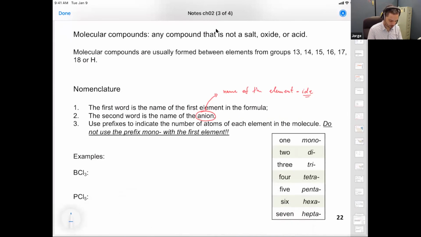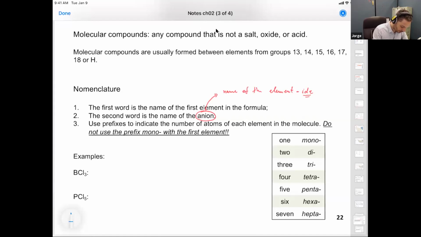Okay, so let's tackle the two examples that I'm showing here. So let's start first with BCl3. BCl3 is not a salt, is not an oxide, and it's not an acid. Therefore, it falls in the molecular compounds category.